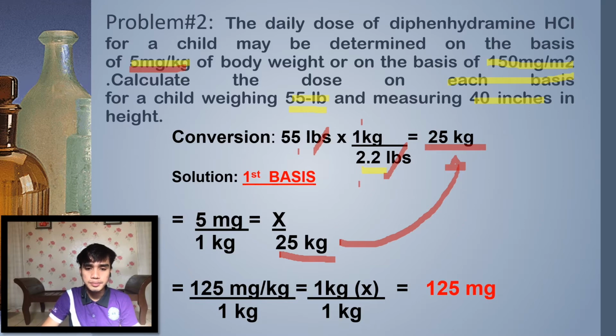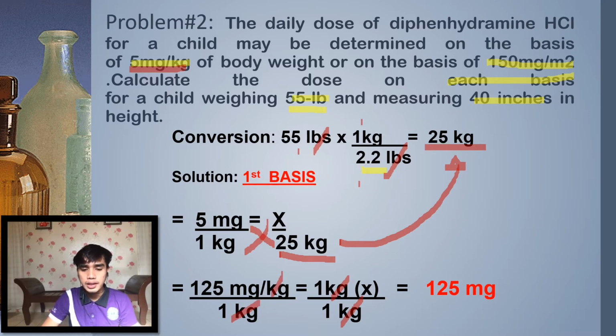So we cross multiply again here. That would be X times 1 kilogram, and 5 multiplied by 25 is 125 milligram over kilogram. And we divide both sides by 1 kilogram in order for us to cancel out this unit.